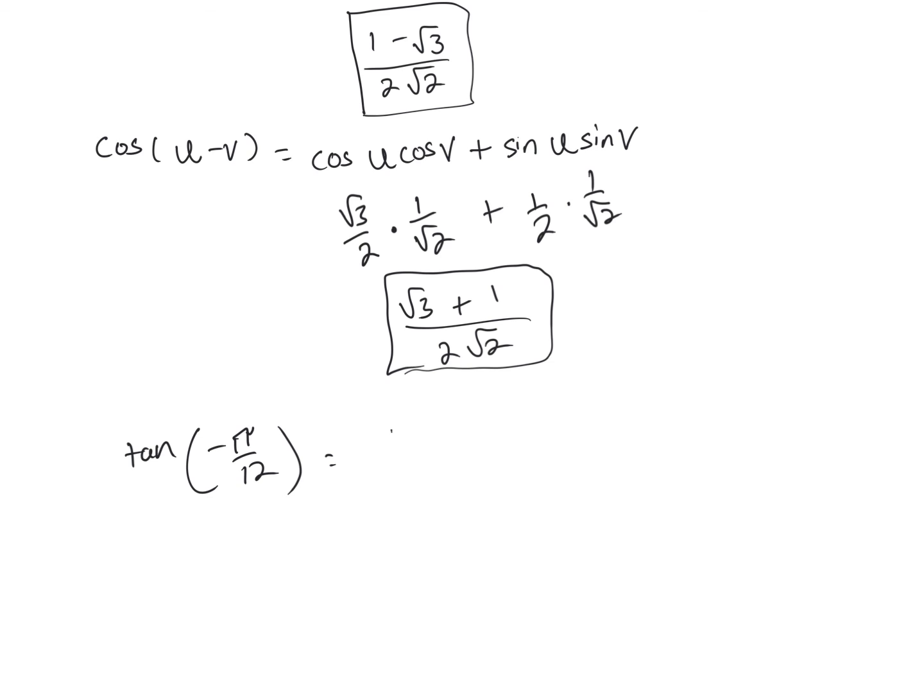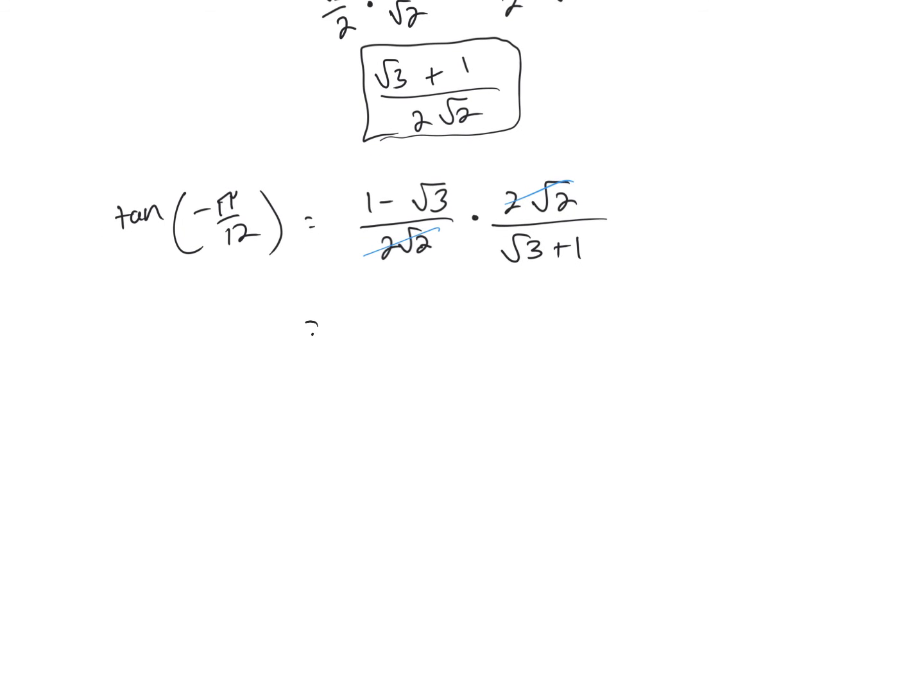So this is the same thing as 1 minus root 3 over 2 root 2 times the inverse of our cosine, root 3 plus 1. The 2 root 2's cancel each other out. We are left with 1 minus root 3 over root 3 plus 1.